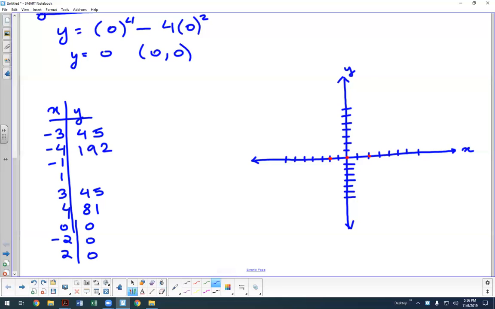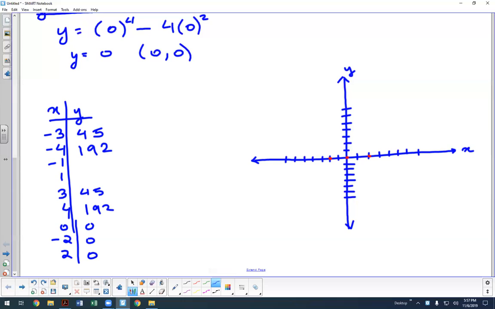Which honestly doesn't really help us since we cannot graph either a 45 or a 192, but at least it gives us an idea of where our graph is headed, right? Now, what will we get for -1 and of course +1?